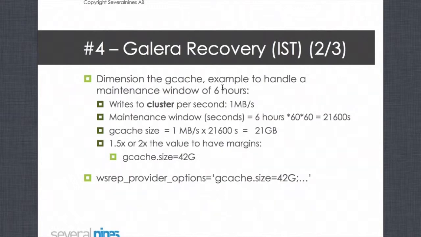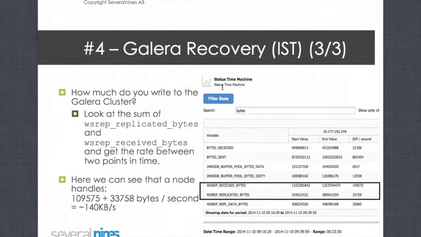There is also another way to deduce the amount of writes that you do to the cluster. Here I was just assuming that we're writing 1 megabyte per second. But if you really would like to figure out how much you're writing, you can get the write rate by looking at the sum of wsrep_replicated_bytes and wsrep_received_bytes.